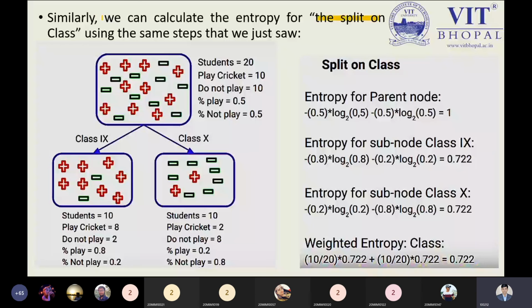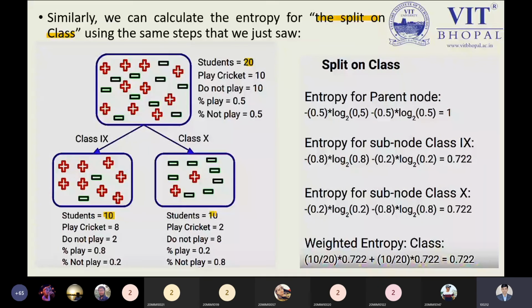The same behavior applies. Some students belong to the 9th class and some to the 10th class, so based on their class we can easily divide our data. Here we have a total of 20 students, with 10 students in the 9th standard and 10 students in the 10th standard.